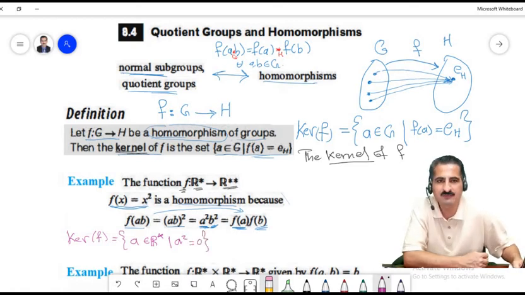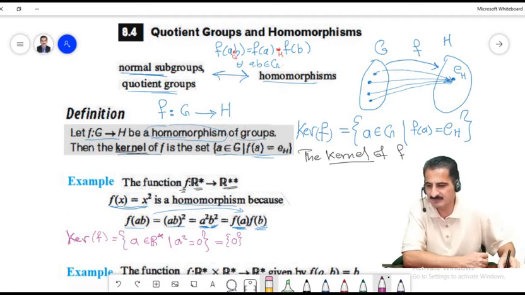So we are looking for real numbers whose square is the identity. The kernel of f here consists of the single element. Notice here the kernel is not empty.